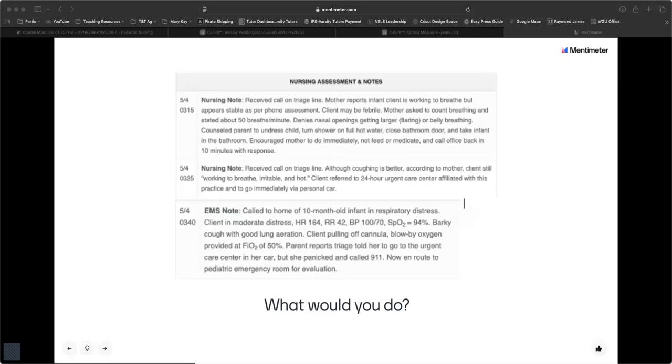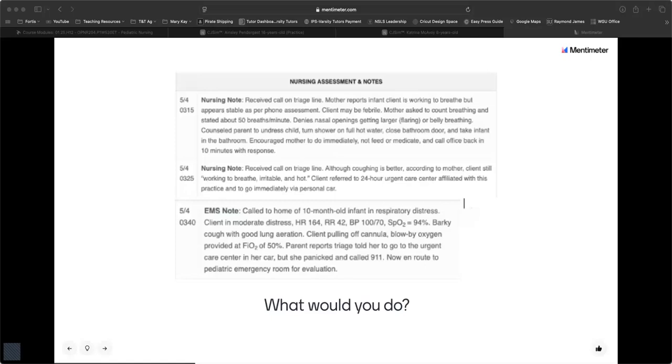Heart rate is 164, respiratory rate is 42, blood pressure is 100 over 70. Our oxygen saturations are 94%. We have a barky cough with good lung aeration. We put the baby on a nasal cannula to give some blow-by, but the baby is pulling the cannula off. So we give blow-by oxygen at 50%. And now we are en route to the ER for evaluation.